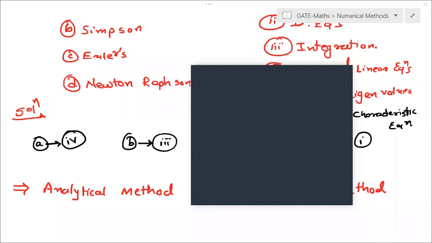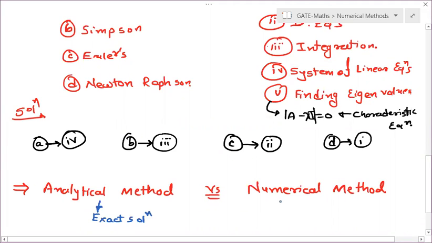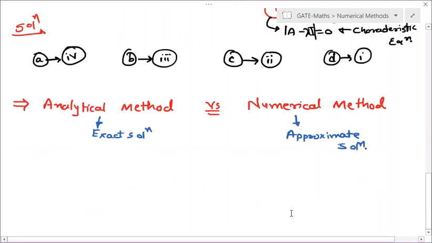Yes. So analytical methods are going to give you an exact solution, and numerical methods are going to give you an approximate solution. Right? And why are we using numerical methods? Because for complex problems, when applying an analytical method is difficult, at that time we are going to use numerical methods.